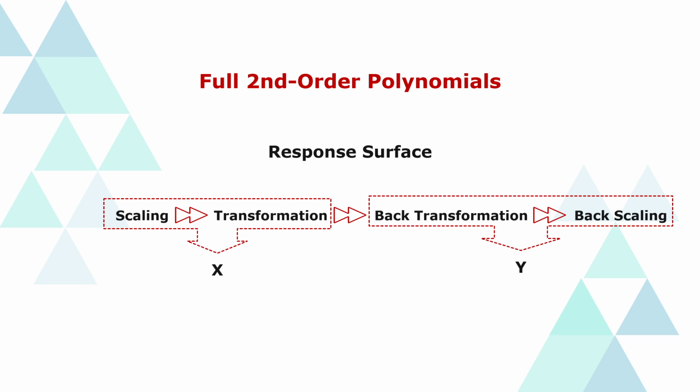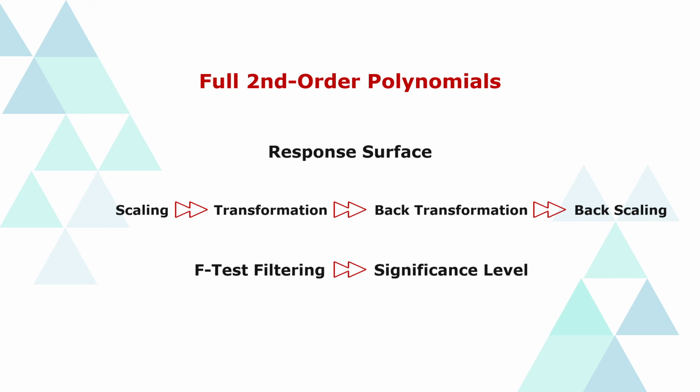For generating the response surface, the full second polynomial first applies scaling and transformation on the input parameters, then calculates the polynomial coefficients based on these modified values. Finally, it applies backscaling and back transformation on the output parameter. Note that some polynomial terms can be filtered.